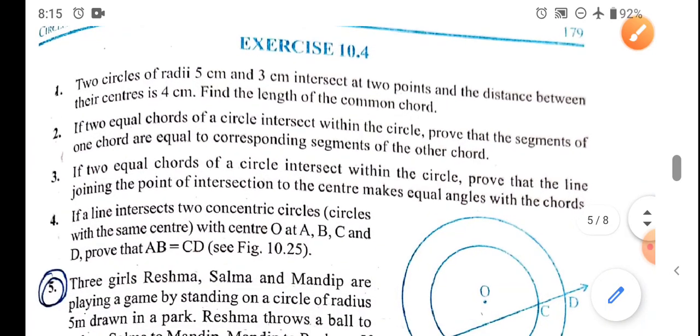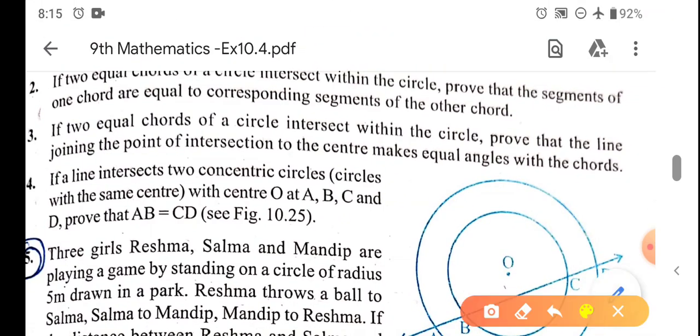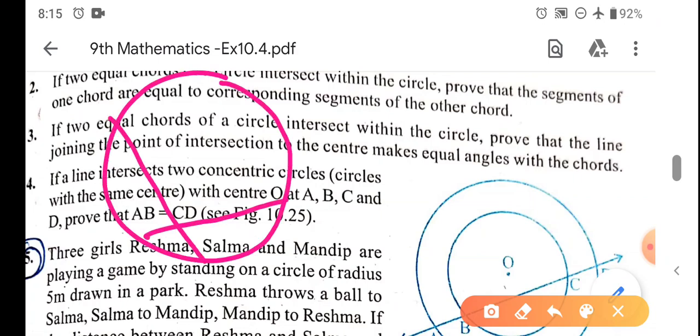And what is given in the question is that the chords are equal. So what you will do, let us draw a circle. Let us draw the two chords.